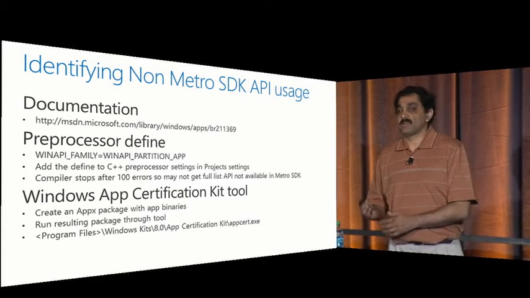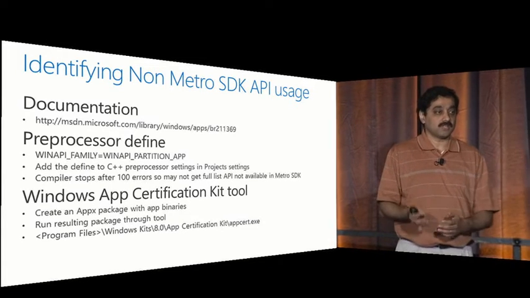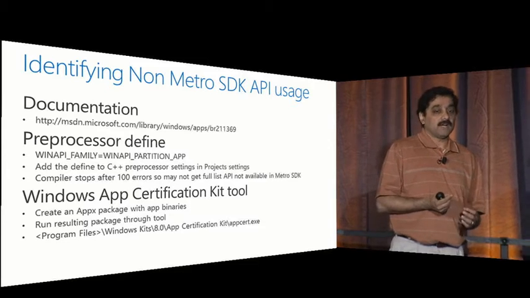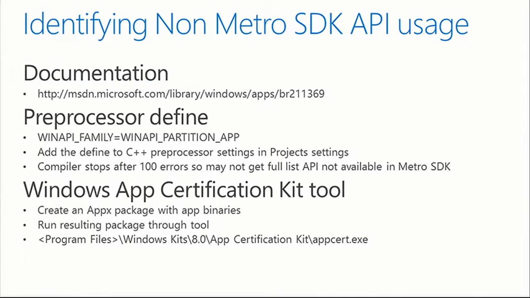So how do you identify non-Metro SDK API usage in an app that runs on Win32 on the desktop? Docs is one place. Of course, you can see what APIs you use, go look for each of them in the docs and see if it's available. The other thing is there is a preprocessor define that you can use.